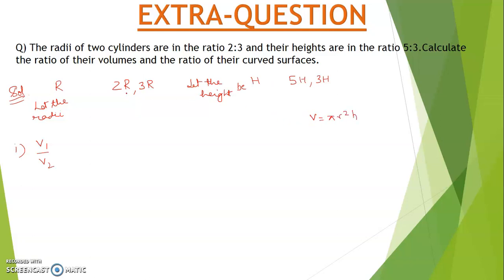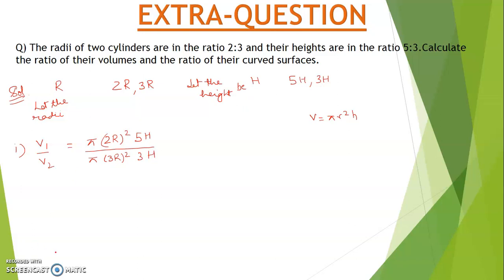Now if you see carefully, radii we have 2r and 3r. So we write pi, 2r square, and what is the value of h? 5h, upon the volume of the second cylinder, pi, 3r square, and what is the height given to us? 3h.